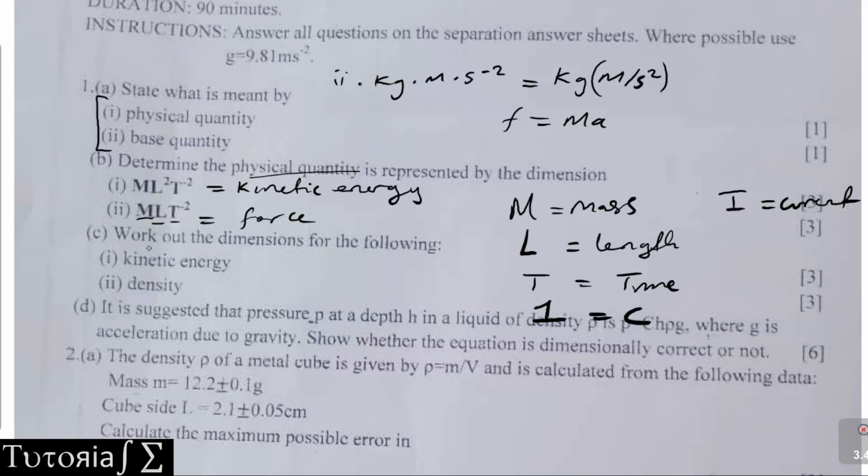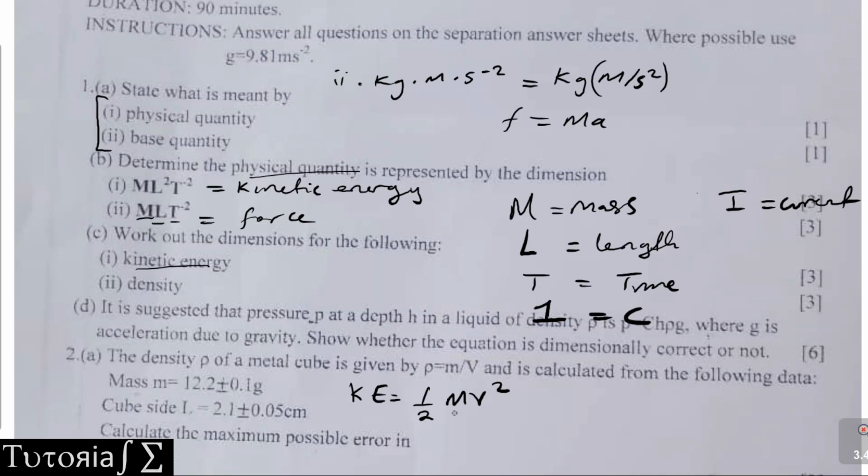And now you're asked to work out the dimensions of the following. So they want you to write this in this form right here. So we need to use the formulas of each of these to write them in this form. So let me write it here. We know that kinetic energy is equal to half mv squared.